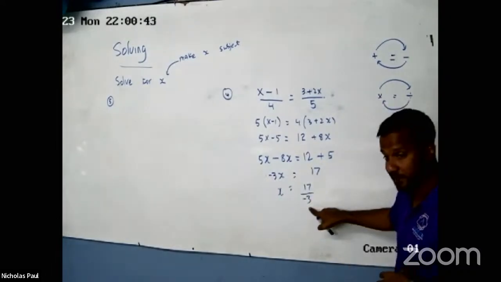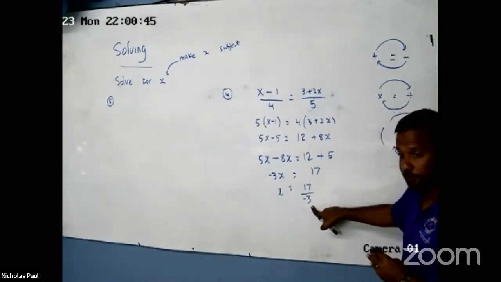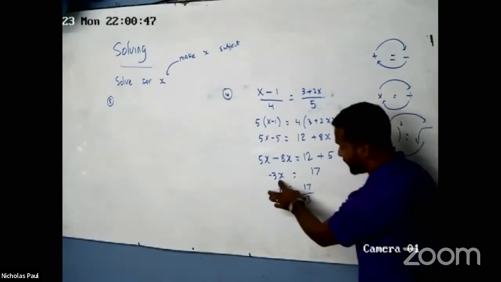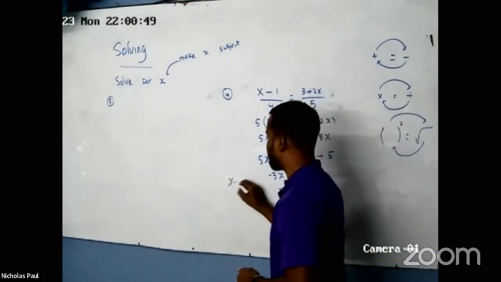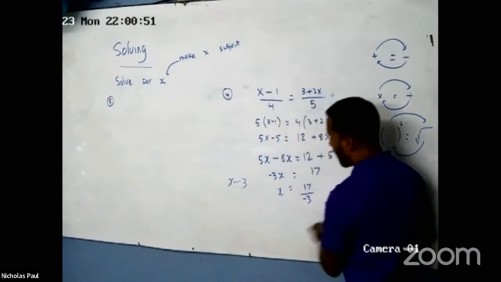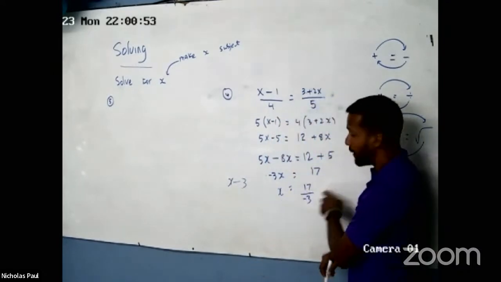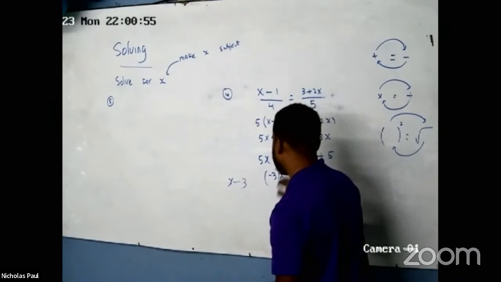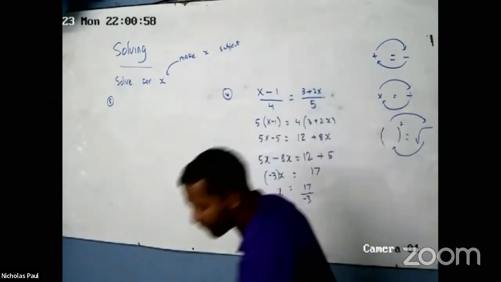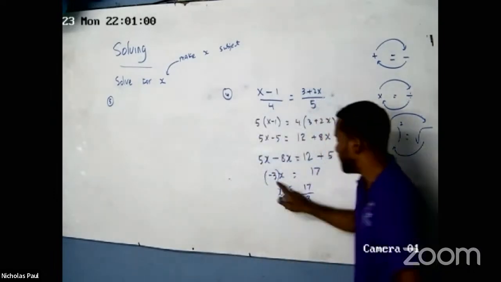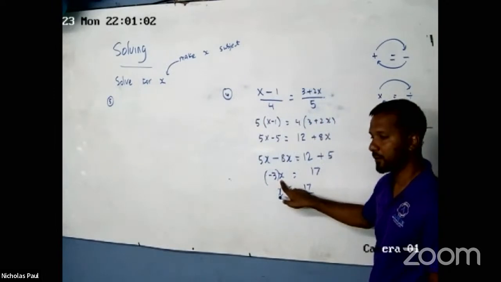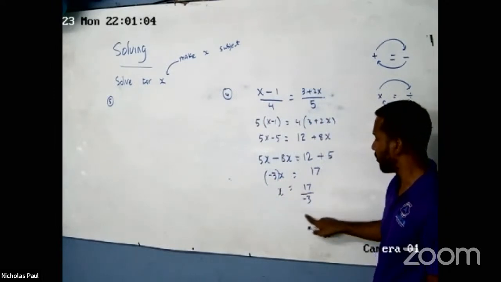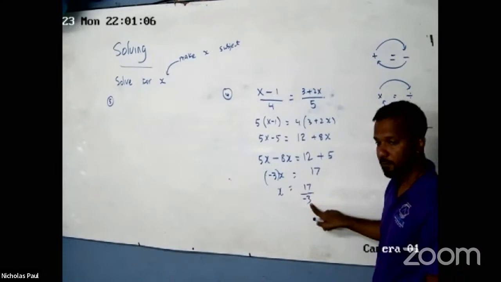It stays negative 3. If this was x minus 3, then when you carry it across, it becomes a plus. But this is negative 3 multiplied by x, so when you move multiplied across, it becomes divided.